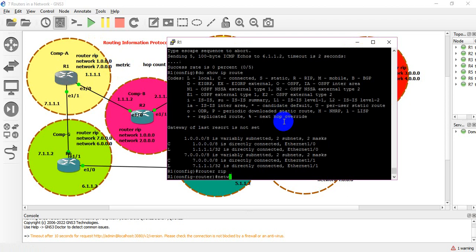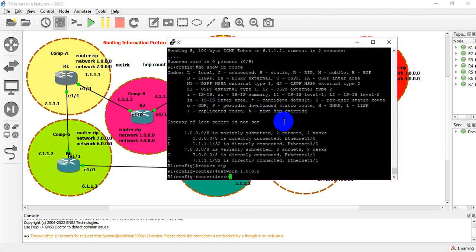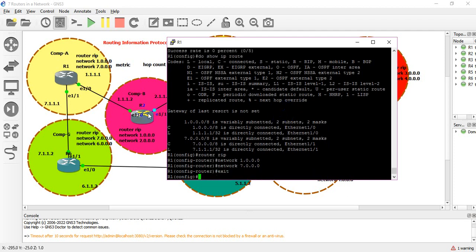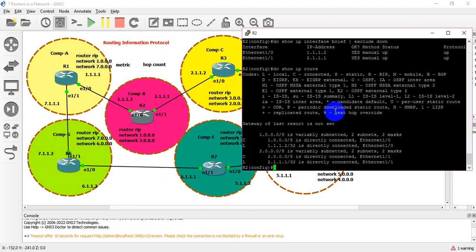Write the same commands I've written here, okay? Nothing else. And it is configured on router 1. Same for this router.